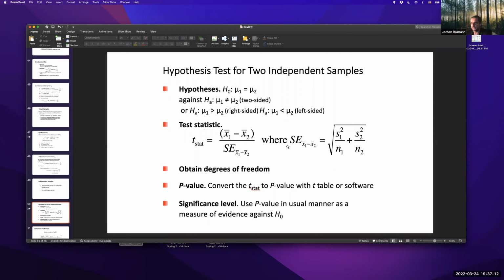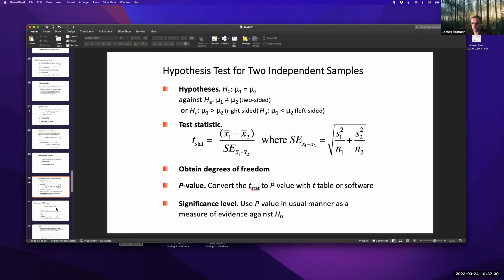That's why you create a pooled standard error of the mean, pooling first the standard deviations, allocating them according to their size and giving them a weight according to their size. Then you use this pooled standard error of the mean for calculation of your t-stat. And again, you convert it using a t-score table or software to a p-value that will allow you then to do hypothesis testing.